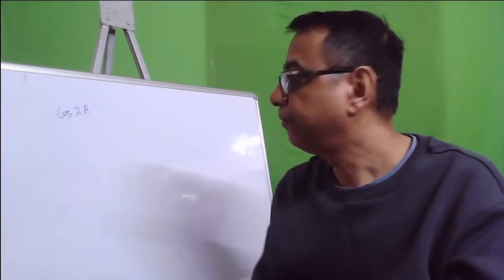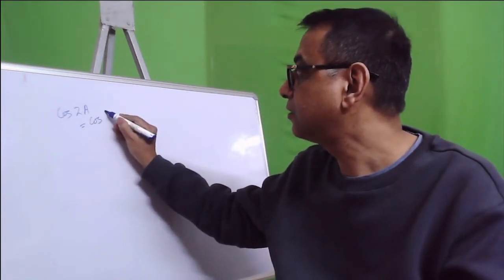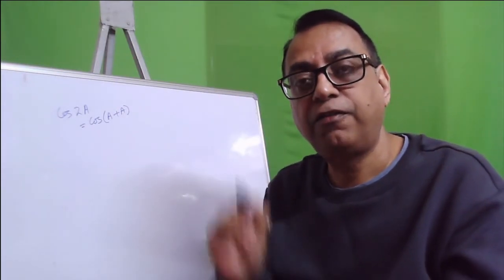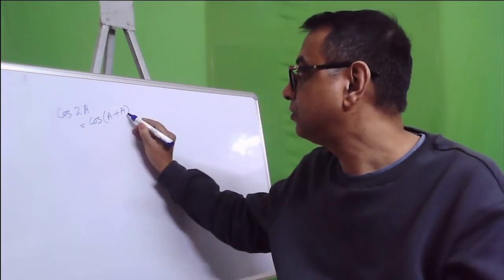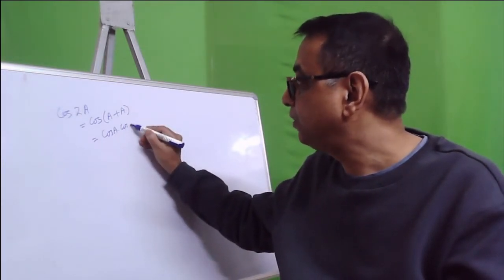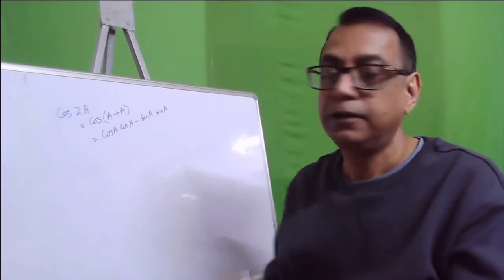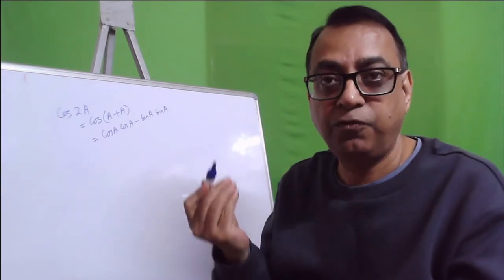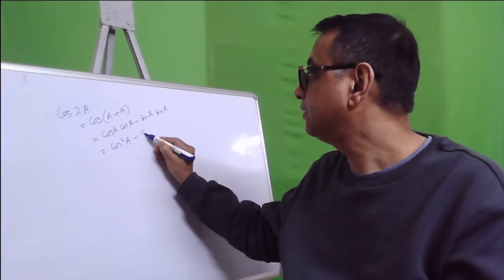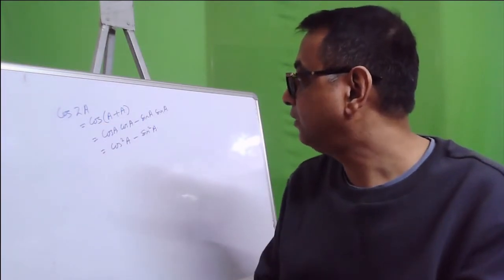This is the double angle for cosine of 2 times A. Now cos 2A we can write as cos of A plus A. So basically, if you remember the earlier formula, B is replaced by A. So it will be cos A into cos B, where B is here A, minus sin A into sin B, where sin B is also sin A. We are just replacing B by A. So it will become cos square A minus sin square A.